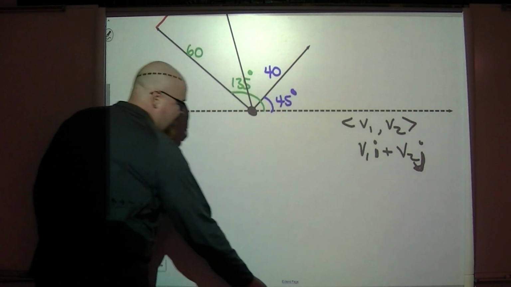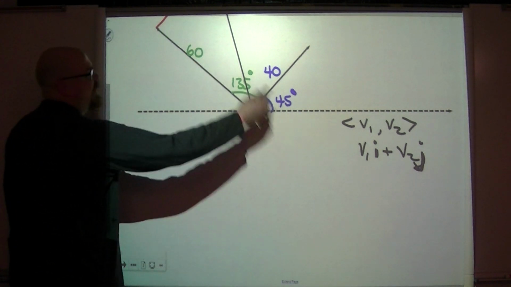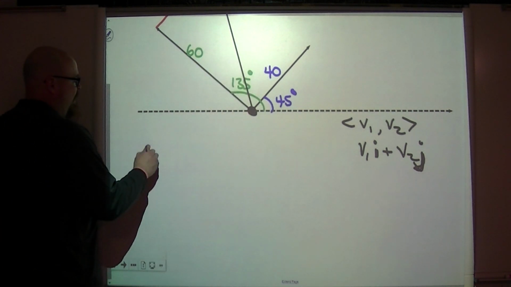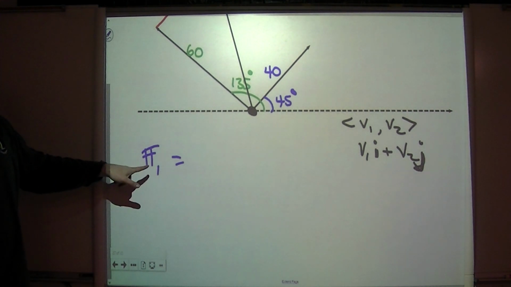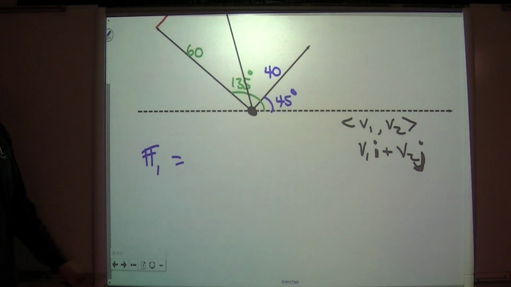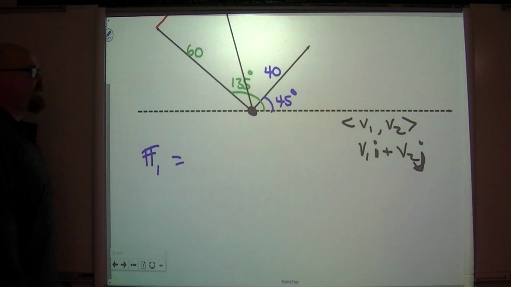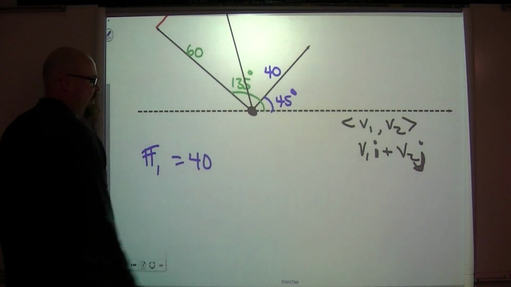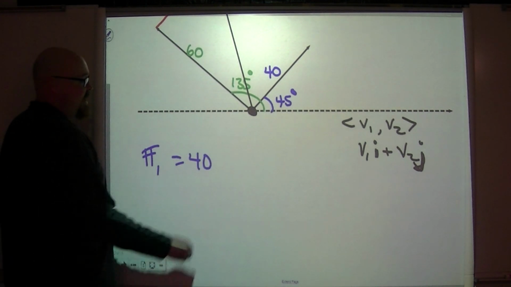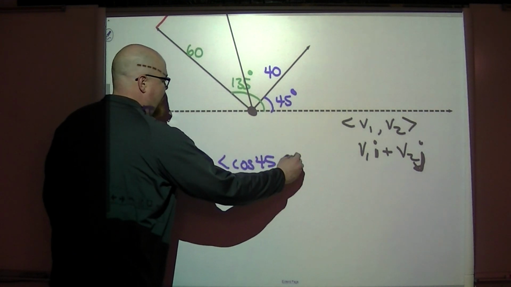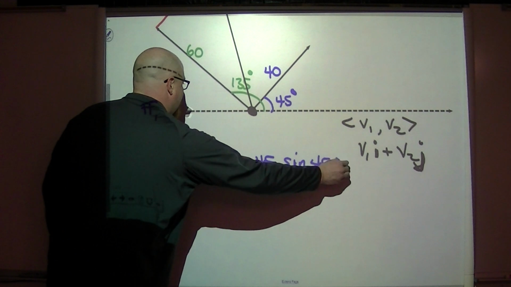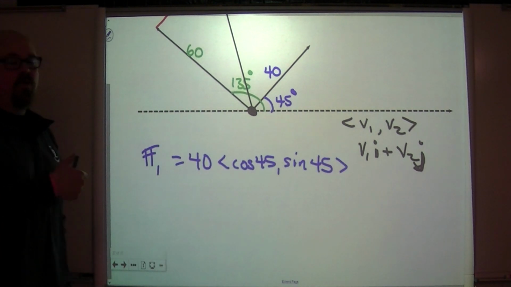So I'm going to call this force vector 1, for no other reason. I like to draw that fancy little F symbol. Force vector 1 has a magnitude of 40 pounds and it has a direction of 45. So this is the third way we learned that we can format a vector.